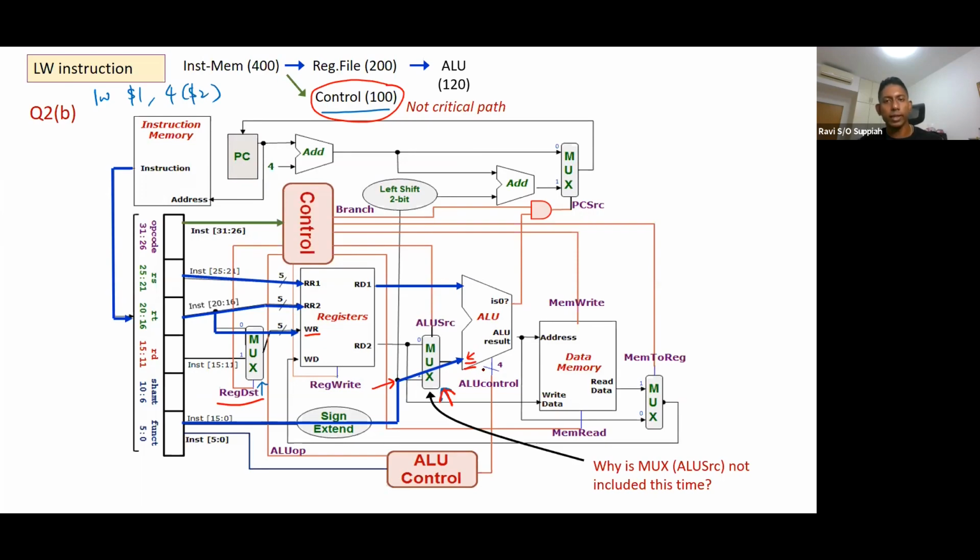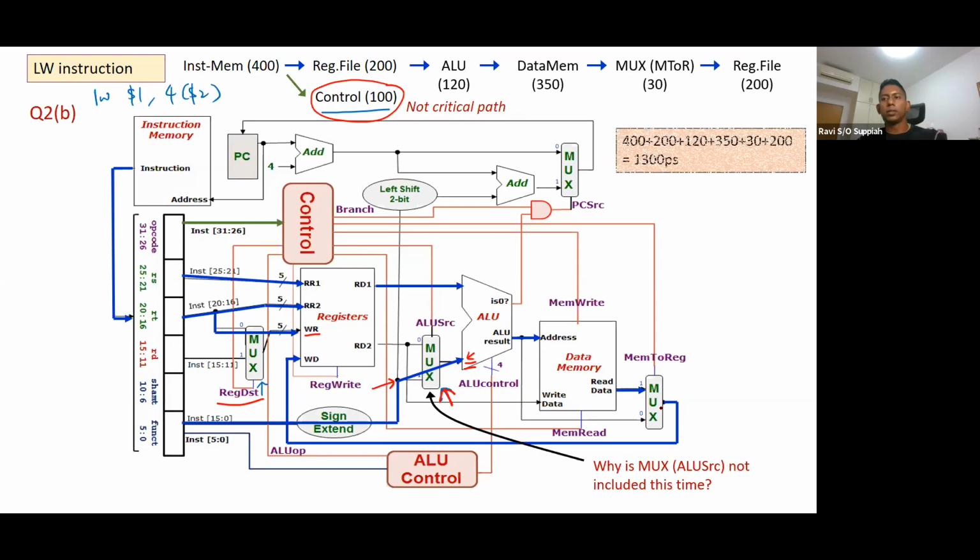Because of that, we do not need to factor this multiplexer's timing in our calculation. So for the load instruction, there is a data memory access, so I need to read the data from the memory. And then finally, I go through the multiplexer and then I write back. So this is the full pathway, which takes 1300 picoseconds.